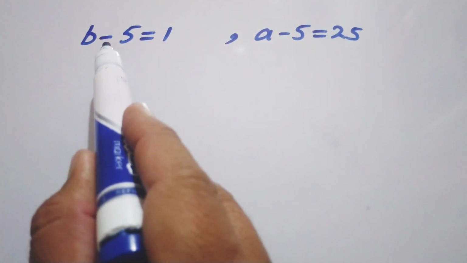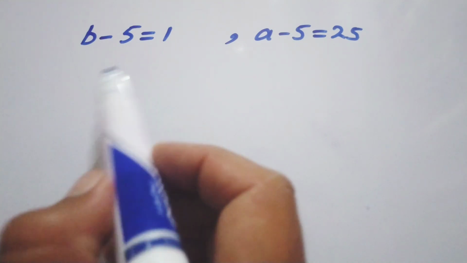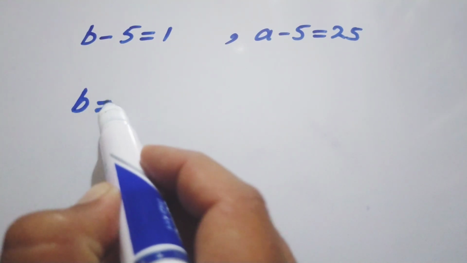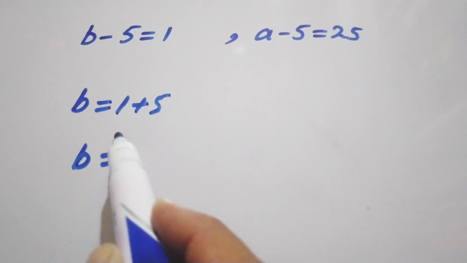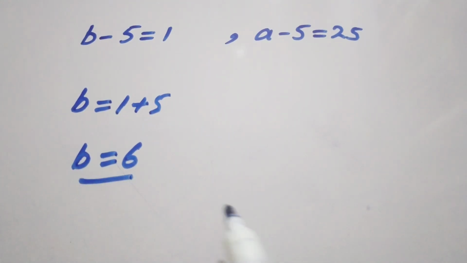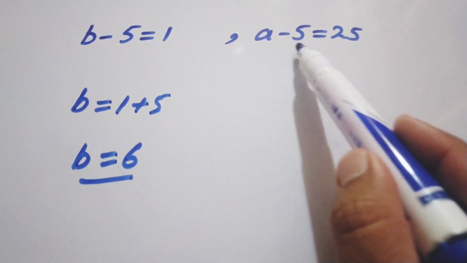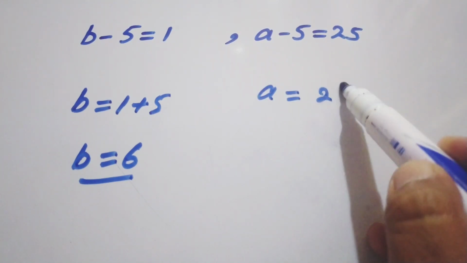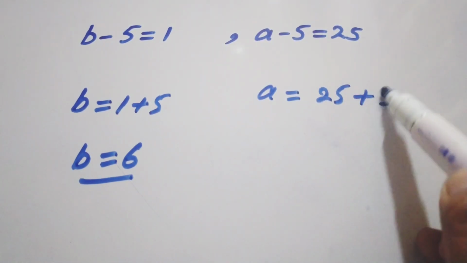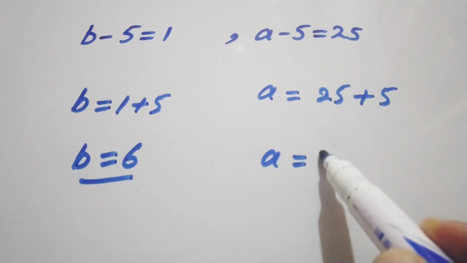So by moving minus 5 from left hand side to right hand side, we get b is equal to 1 plus 5. This implies b is equal to 6. And by moving minus 5 from left hand side to right hand side, a is equal to 25 plus 5, so we get a is equal to 30.